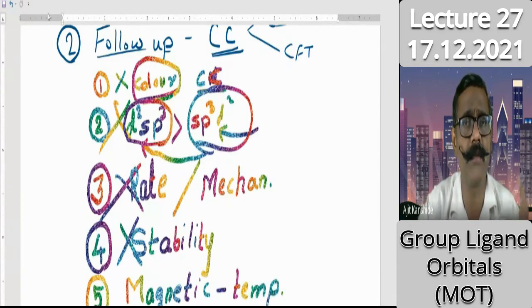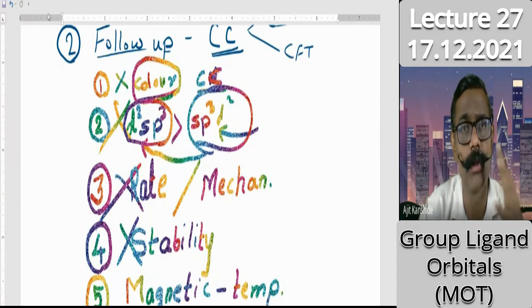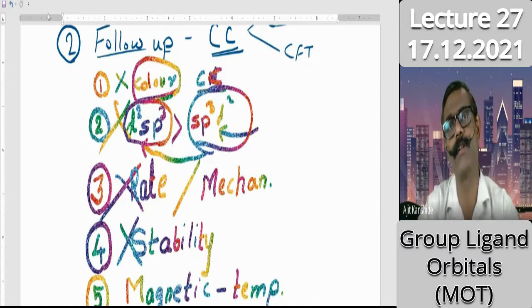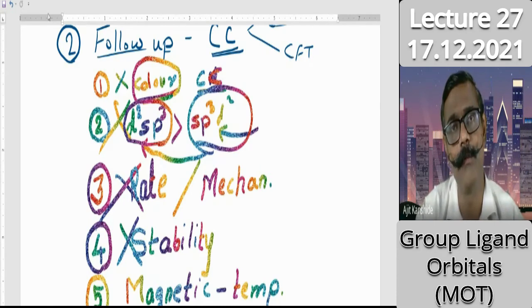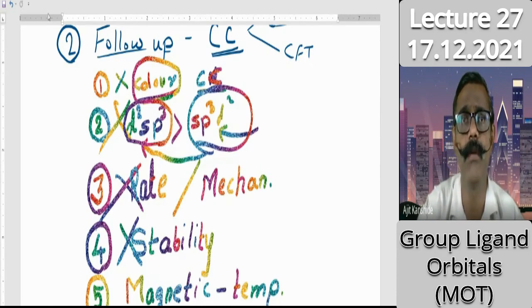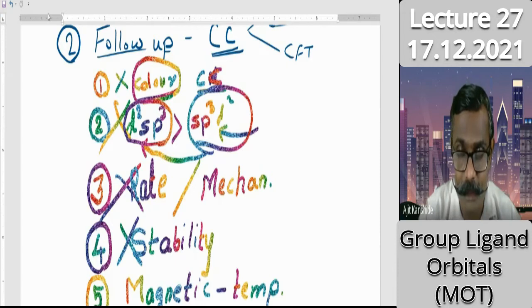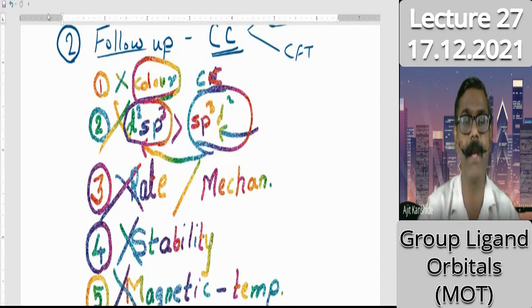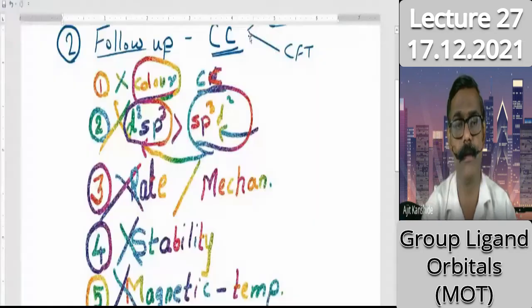So what is the effect of temperature on magnetic moment? No idea, because the base was not related to splitting. The base was related only to hybridization, formation of the complex. If VBT were true, then change in magnetic moment would not have been observed if temperature changes. So change in magnetic moment with change in temperature was not explained. That was a limitation.